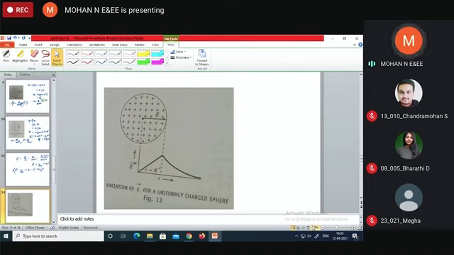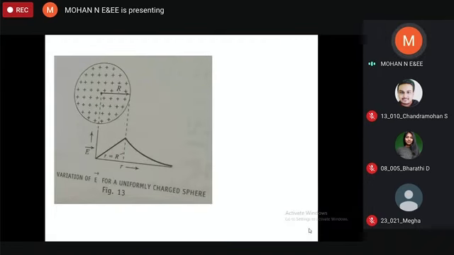Now, this is the variation of E of a uniformly charged sphere.